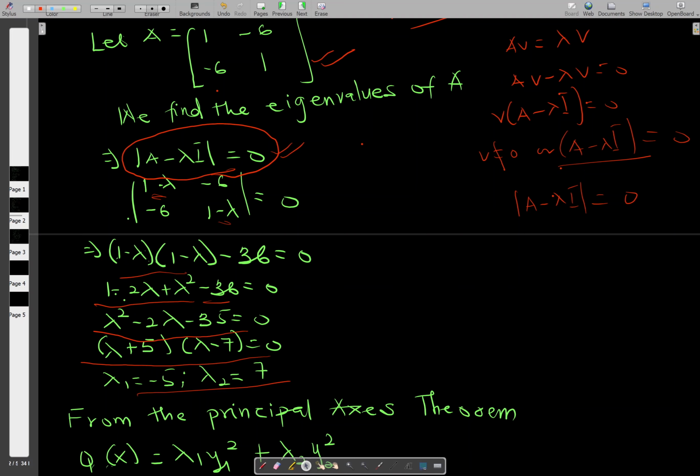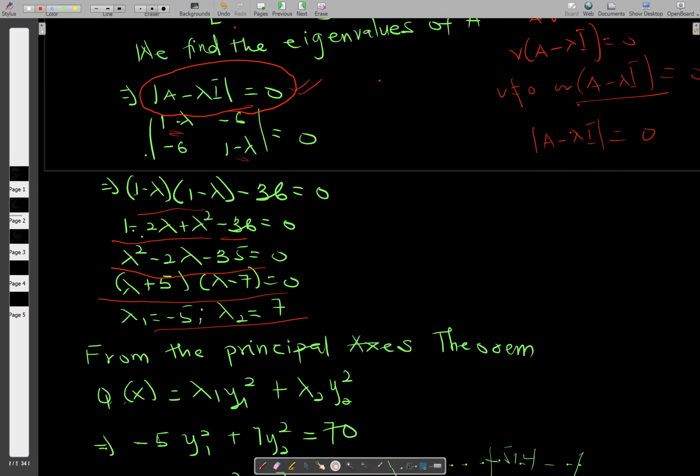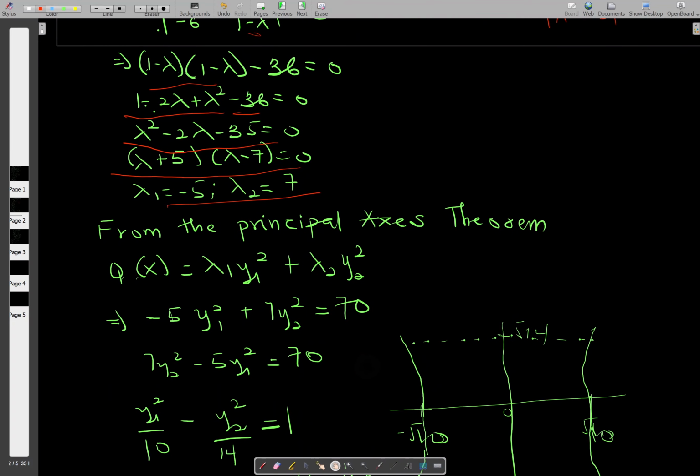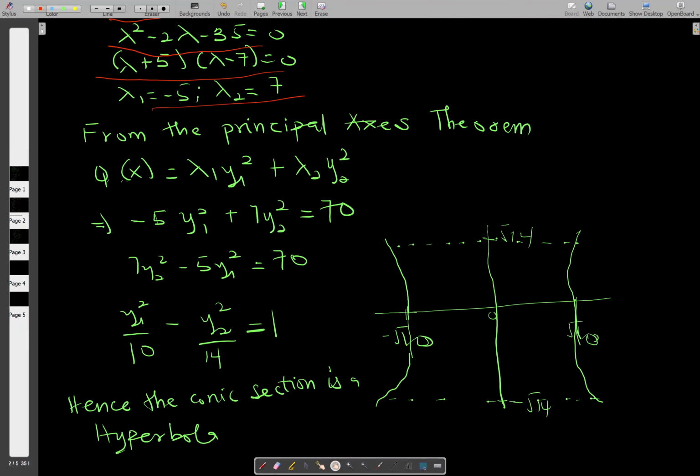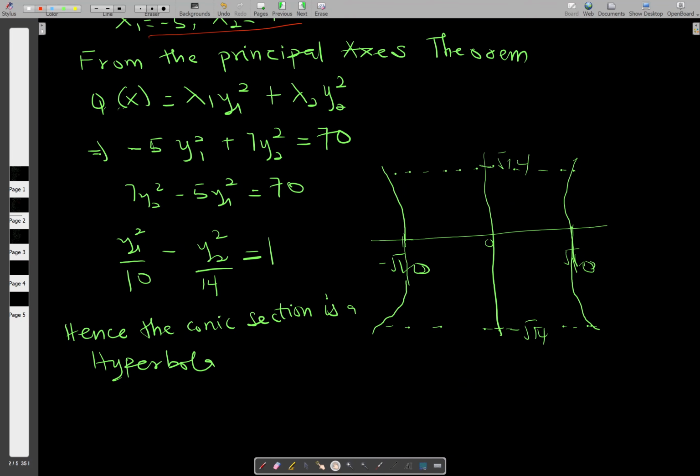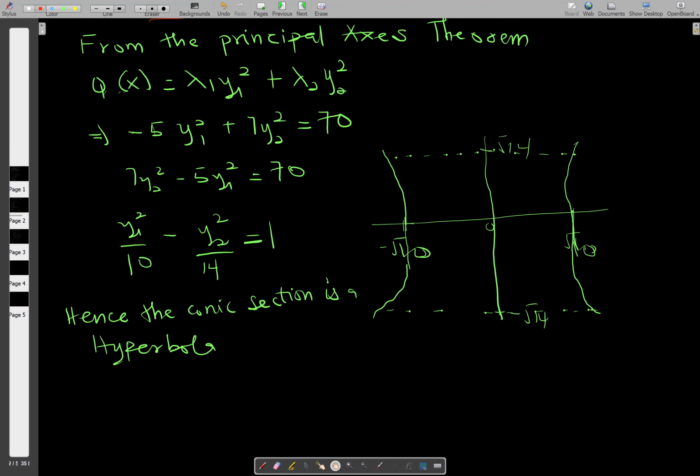Then from the principal axis theorem, since we have two eigenvalues, our Q of x will be lambda 1 y1 squared plus lambda 2 y2 squared. Lambda 1 is negative 5, so we have negative 5 y1 squared plus 7 y2 squared equals Q of x, while Q of x in the question is given as 70.